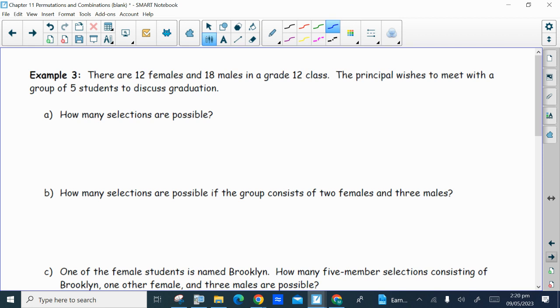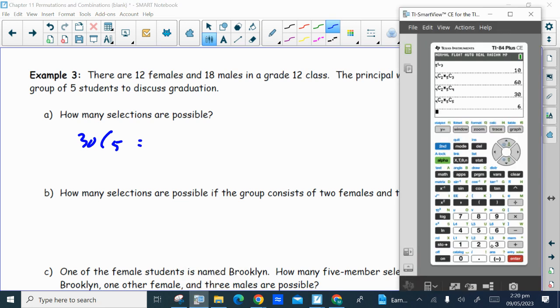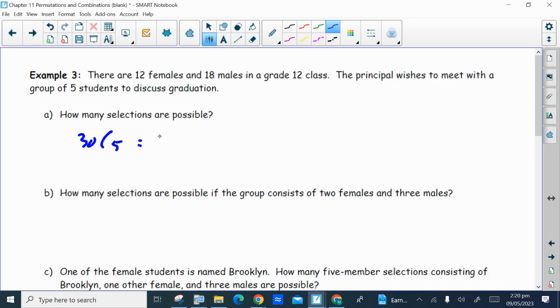So if he just wants to meet 5 students from all of them, it would be 30C5. There's no restrictions on how many males and how many females can be selected. That comes into Part B. But for Part A, there's no restriction. It's just 30C5. And we get 142,506 combinations.